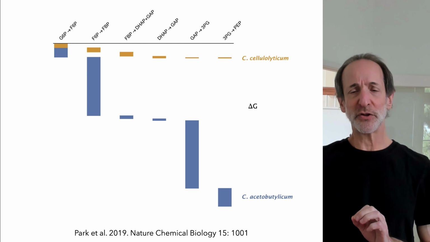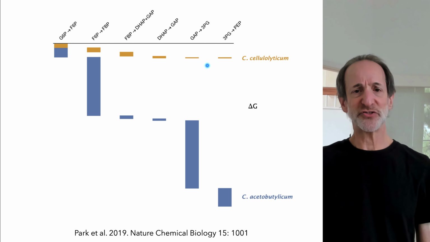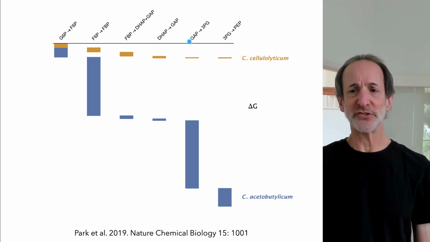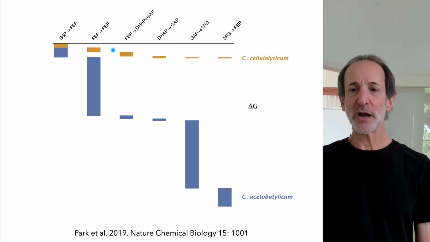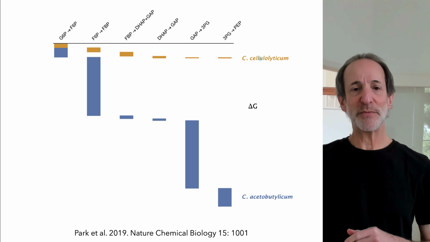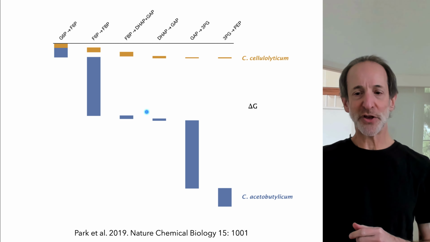Here's one study that looks at two different species and measures the thermodynamic changes for six steps in glycolysis. In this species, which grows very slowly, the free energy changes are very small. There's a very slow rate of growth. But associated with that, this particular species makes an extra ATP through these glycolytic steps, compared to this other species.